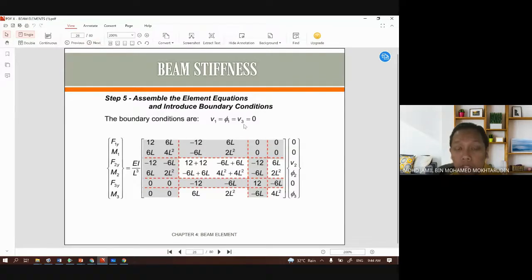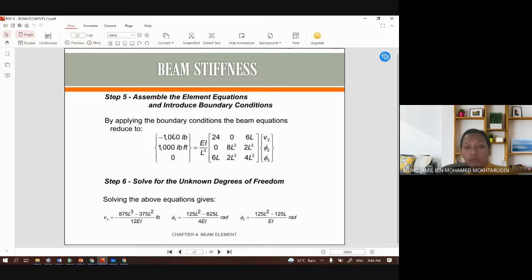So we substitute these boundary conditions into the displacement matrix. Then we can find the remaining displacement and rotation. So we apply the force, the load boundary condition, and our matrix is reduced to 3 by 3, and then we find V2, phi2, and phi3.